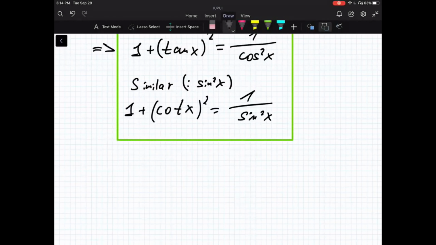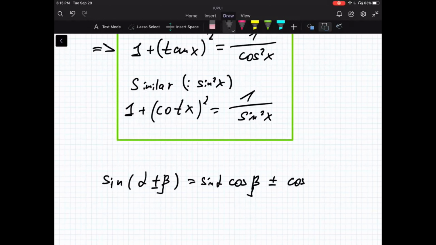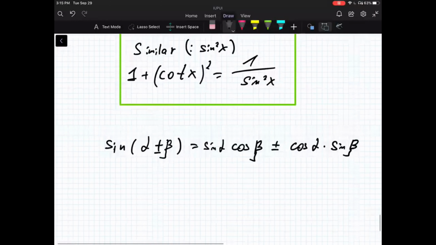The sum and difference identities. That's sine of alpha plus minus beta is equal to sine of the first one times cosine of the second one plus minus cosine of the first one times sine of the second one. So they switched in some sense.